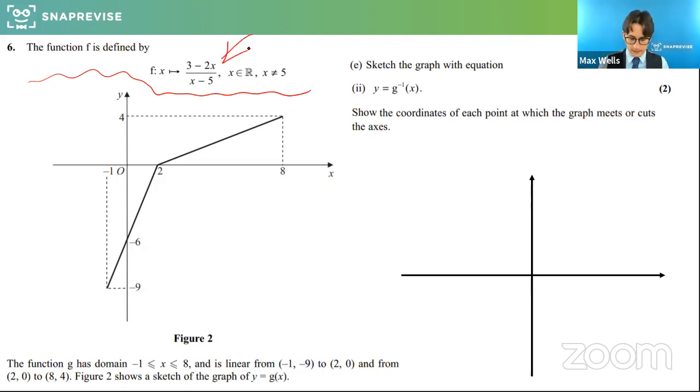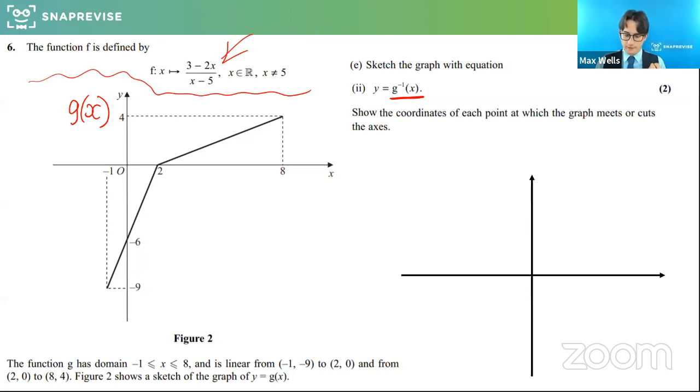It says sketch the graph that is basically the inverse of this function here. So what we do with the function here is remember that the inputs become the outputs, and the outputs become the inputs.